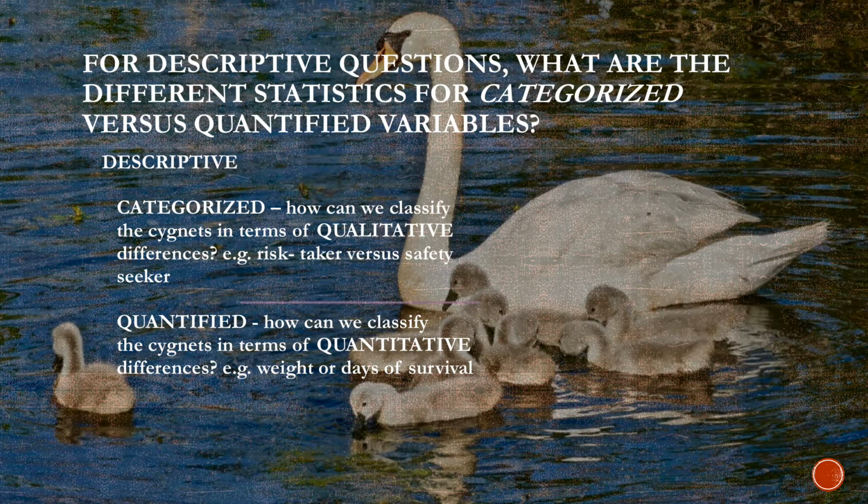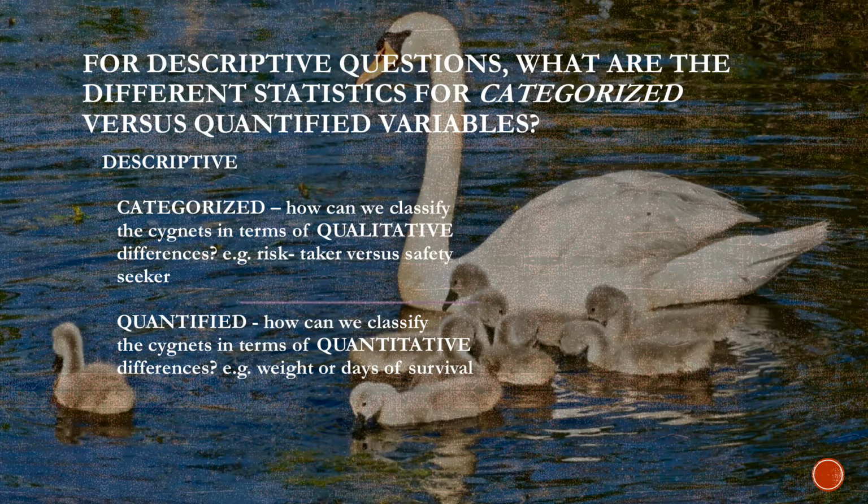We can ask, how many are in each group? How many are risk takers? How many are safety seekers? When measuring quantified characteristics, we need to think about how much or how little of some characteristic each cygnet possesses. In other words, how can we classify the cygnets in terms of quantitative differences?